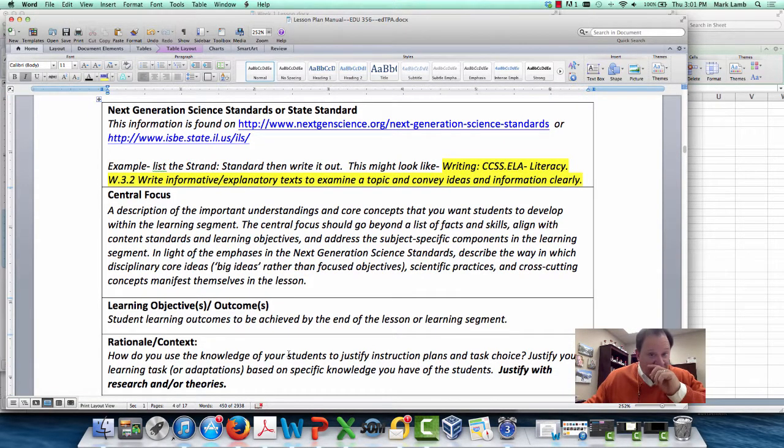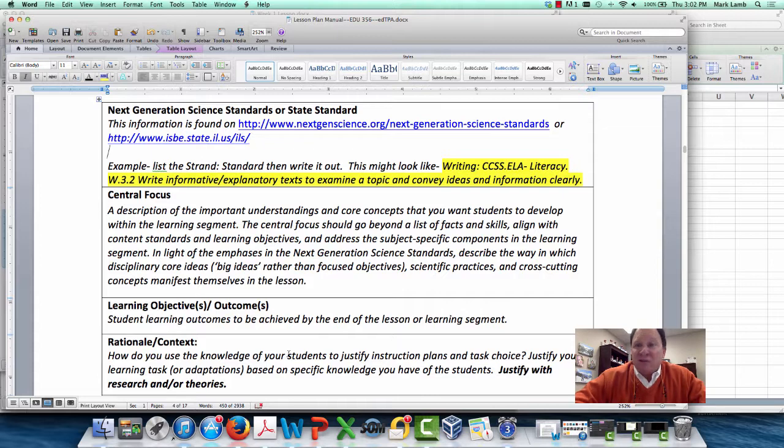you can see here we're going to identify the standard. Hopefully, the field experience teacher has given you a topic. They might even give you a specific standard that they want addressed. And if that's the case, that's good. Just make sure that it's either a Next Generation Science Standard or an Illinois state standard.